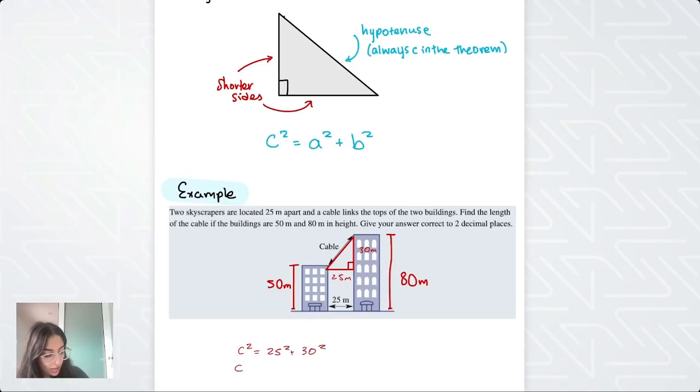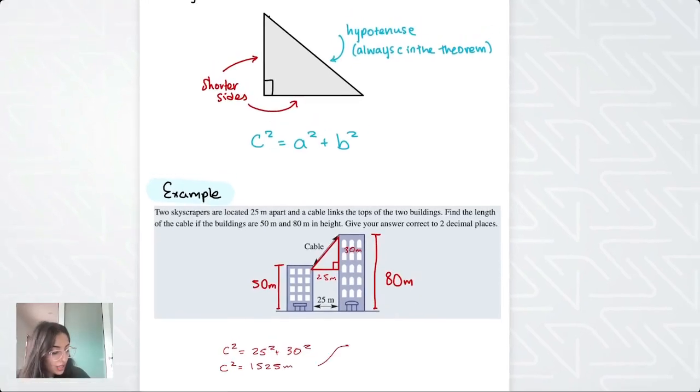And then when I plug that into my calculator, I get 1525 meters. Is that correct? Yep. And then to find c is the square root of 1525. So that gives me 39.05 meters. Everybody okay with that? Yep. Beautiful.